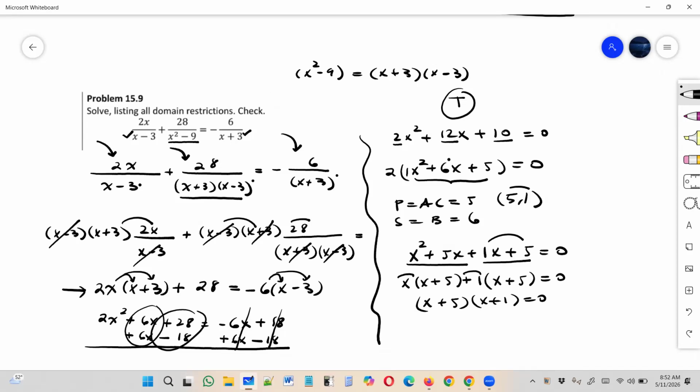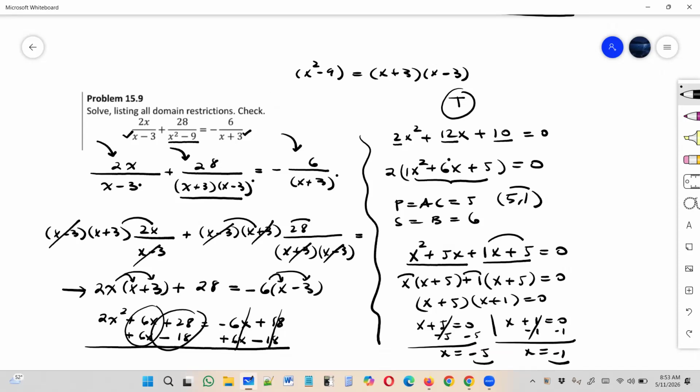Second parentheses, those two. By the zero product rule now, I either have x plus 5 is 0 or x plus 1 is 0. Minus 5 on both sides gives me x equals negative 5. And minus 1 on both sides gives me x equals negative 1. So I got two possible answers.